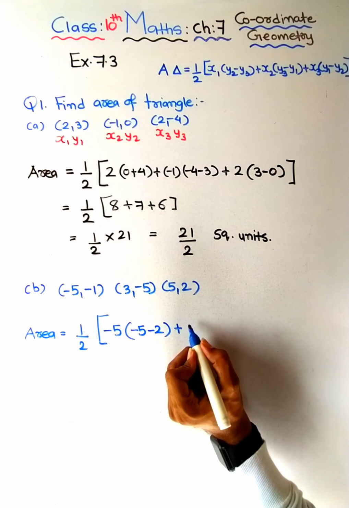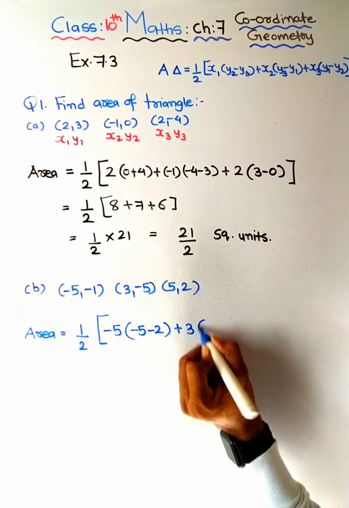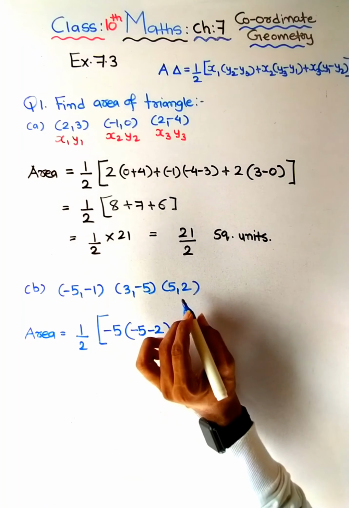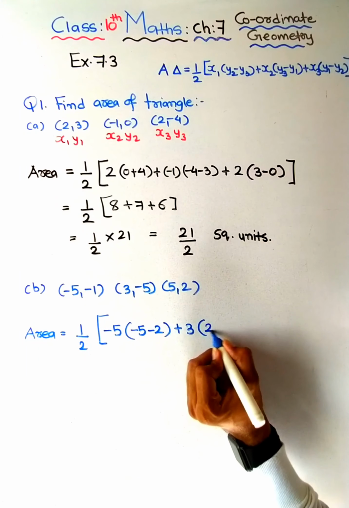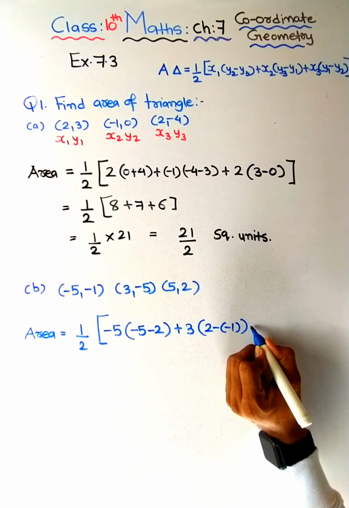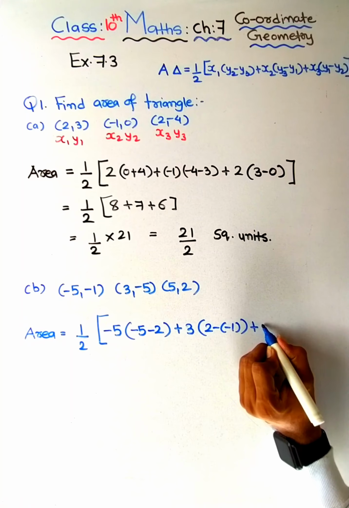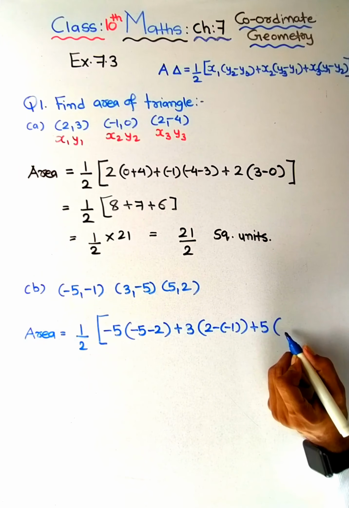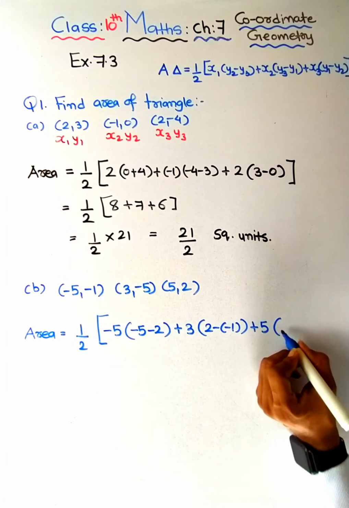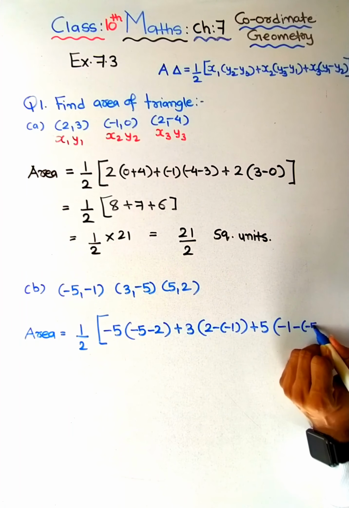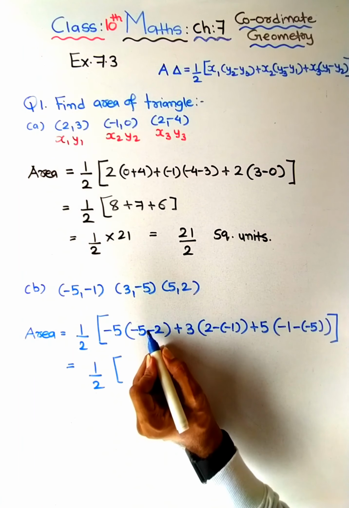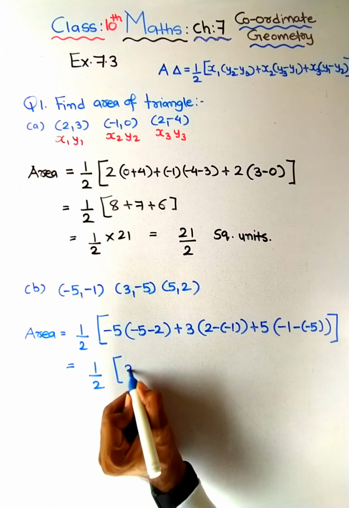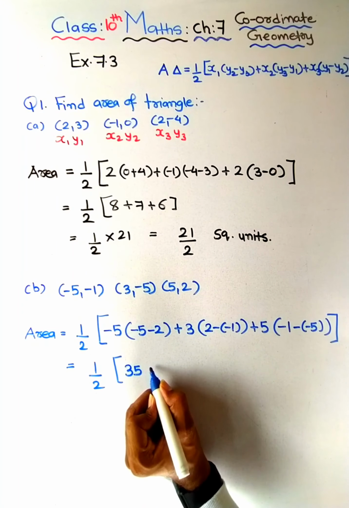Then we have x2, so here keep 3, and y3 minus y1, that means 2 minus 1. And then we have x3, that is 5. In the bracket we have y1 minus y2, that is minus 1 plus 5. Minus 5 minus 2 is minus 7. Minus 7 into minus 5 is plus 35.